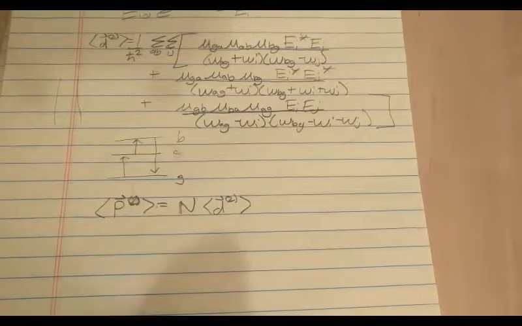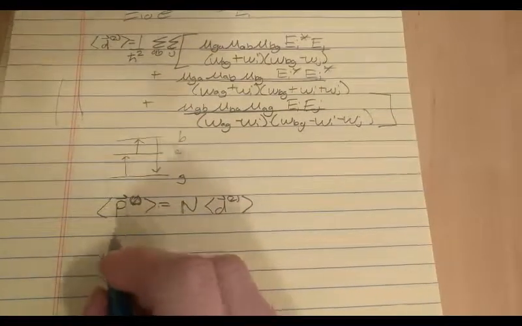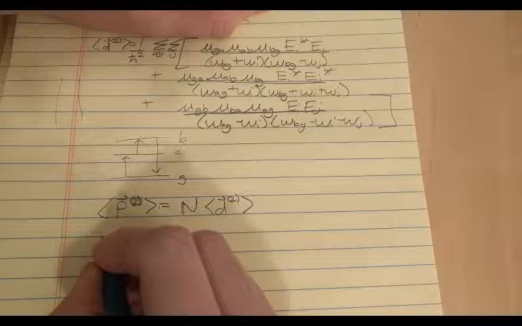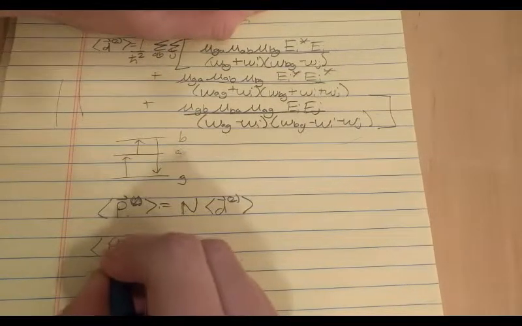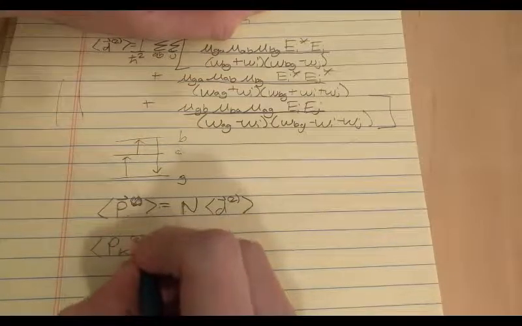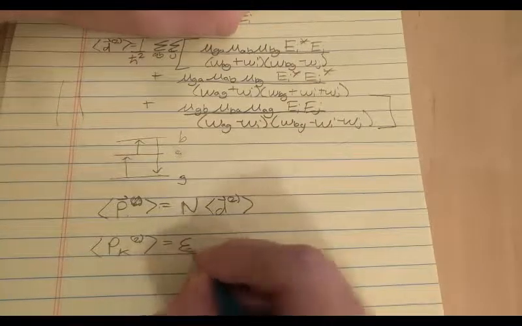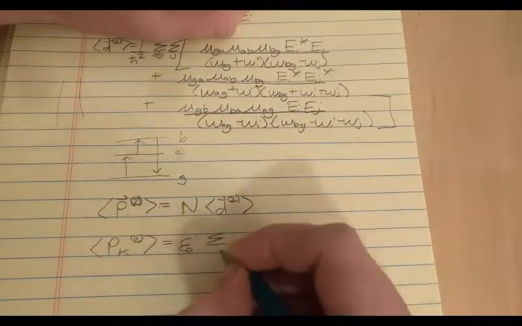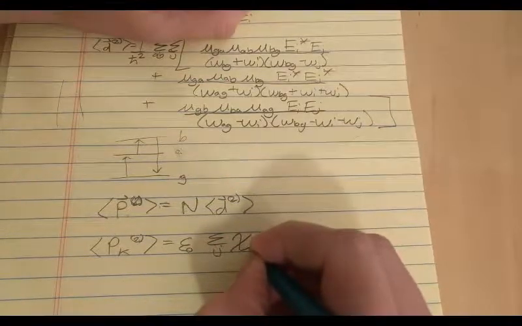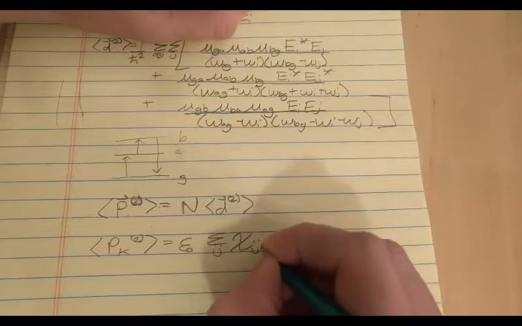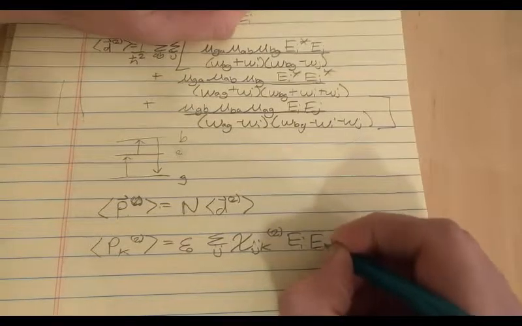we do it in a similar manner to how we did it for the first order susceptibility. We remember the equation that says we can write the polarization in the k direction, the second order perturbed polarization in the k direction, is equal to some constant, epsilon naught, sum over all I and j, and then you have the I, j, k element of the second order susceptibility times each of the electric fields.